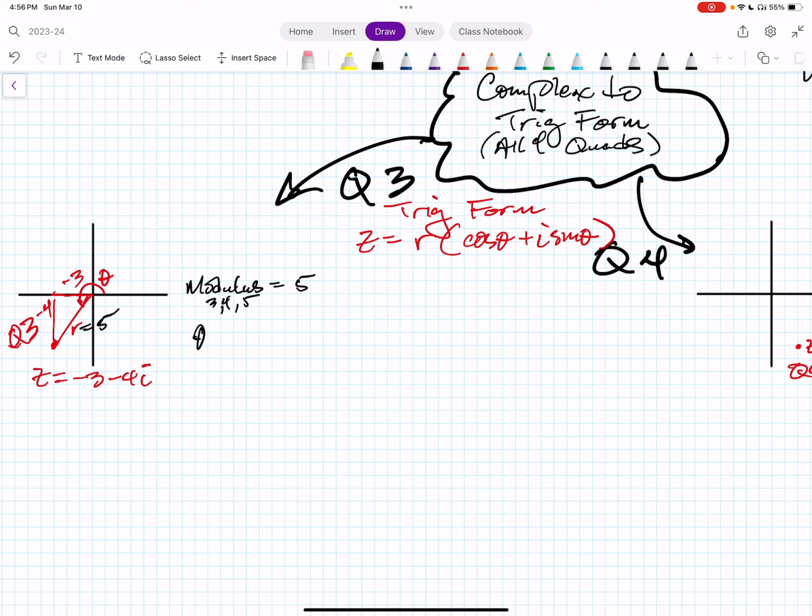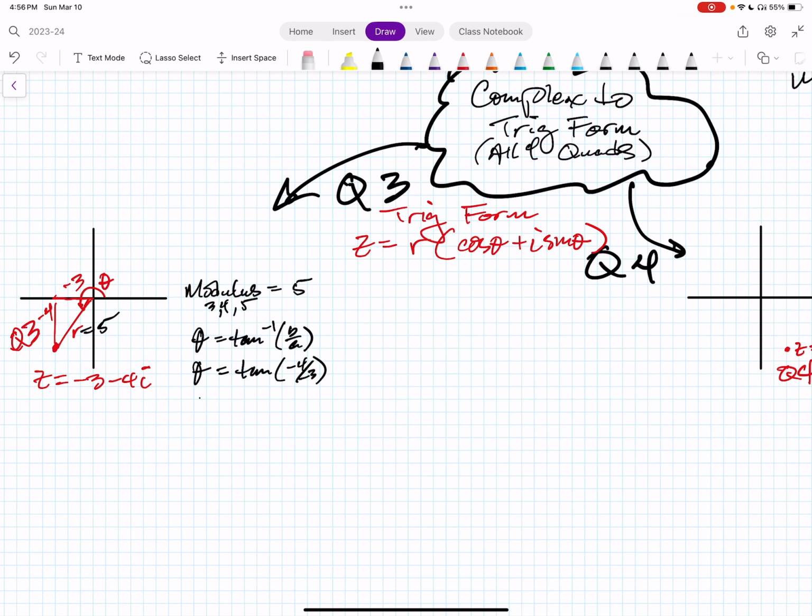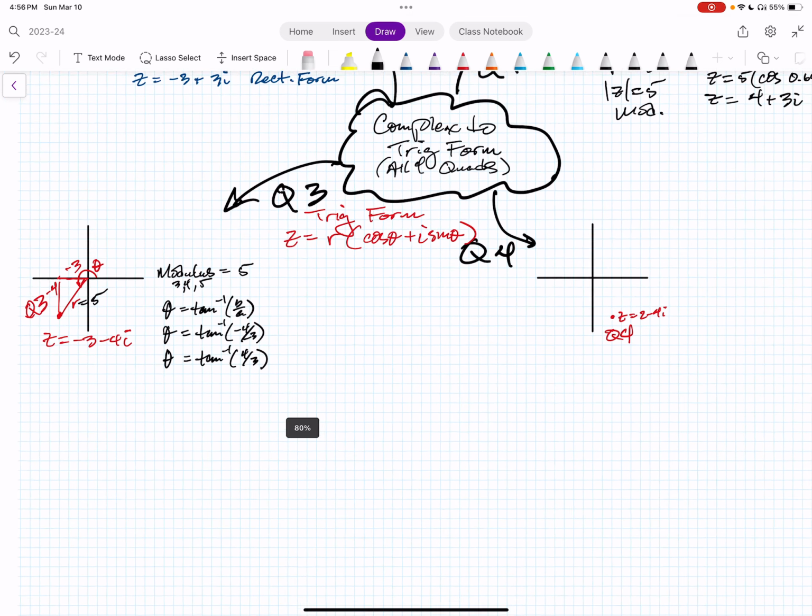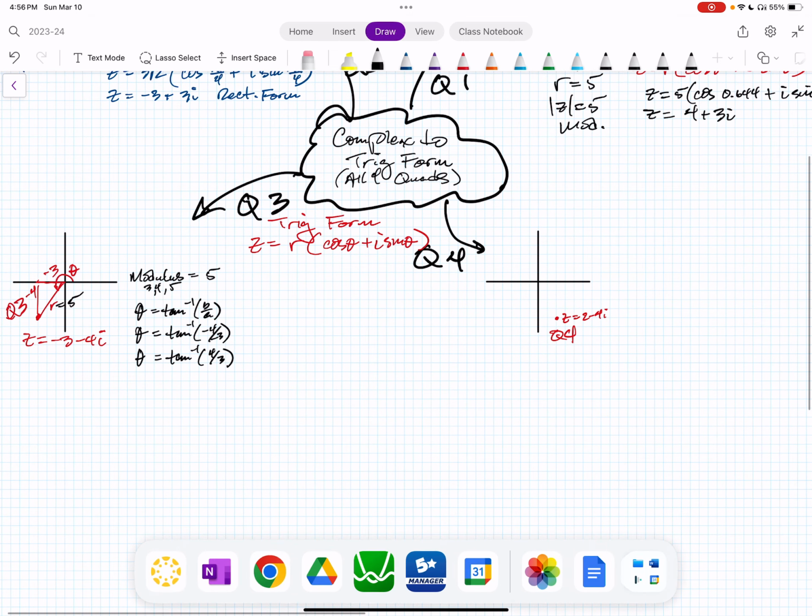Now if we take the inverse tangent of b divided by a, which in this case is the inverse tangent of negative 4 divided by negative 3, notice that we get the inverse tangent of 4 thirds. And it's positive because the negatives cancel. So here we go, let's bring in the decimals.